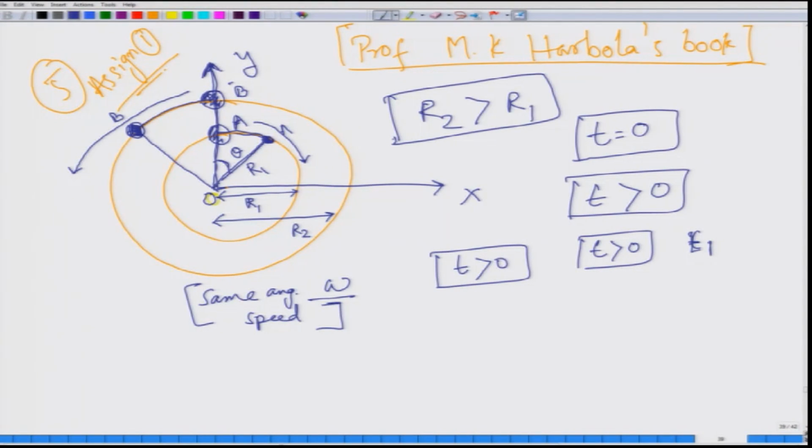So the radius vector R1 at any given time t is this, and the vector R2 at a given time t is this. So I can see from here that if the angular speed omega is the same, the angular displacement theta is omega t.